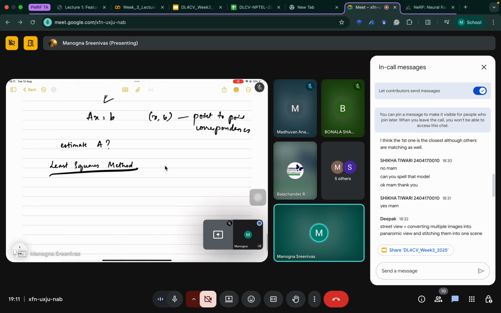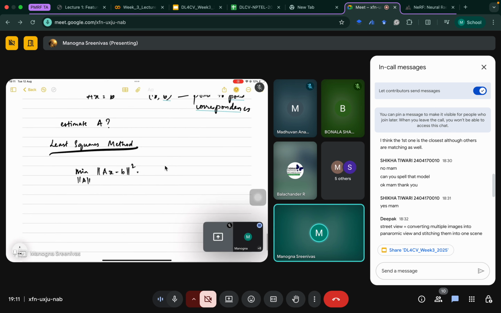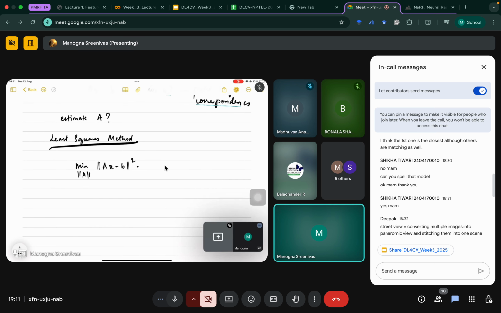I want to get the best A for which my Ax minus b, the error, if I define the norm of Ax minus b as the error, I want to minimize this error to get my best solution, right?